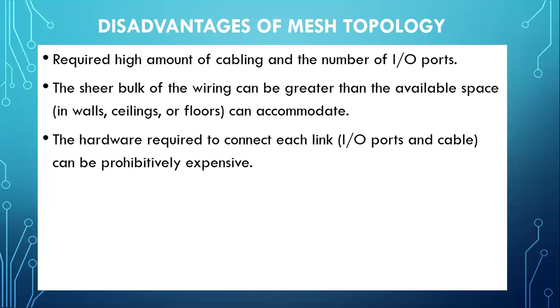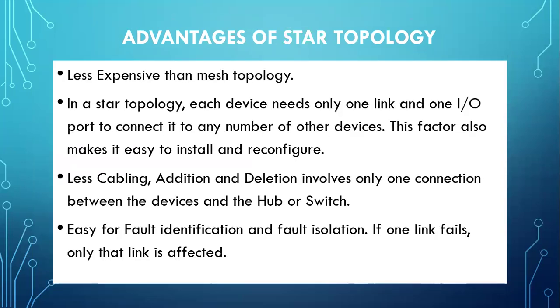Moving on, let's see the advantages of star topology. The first one is that it is less expensive than the mesh topology. In a star topology, each device needs only one link and one I/O port to connect to any number of other devices. This also makes it easier to install and reconfigure.